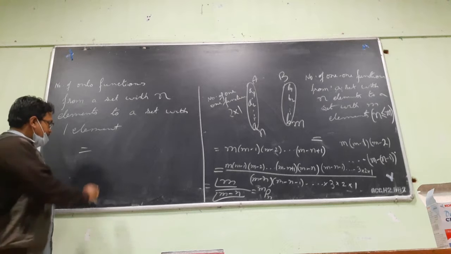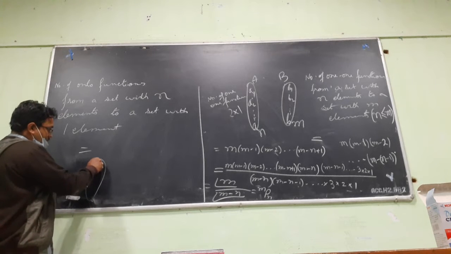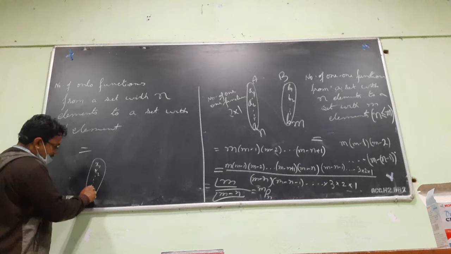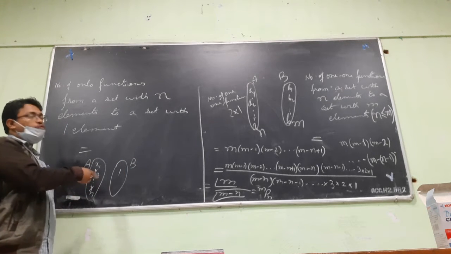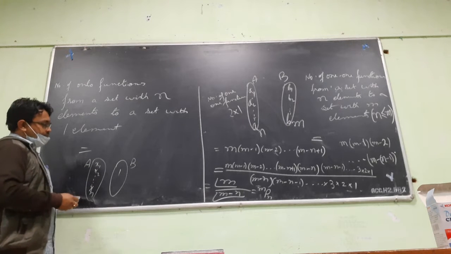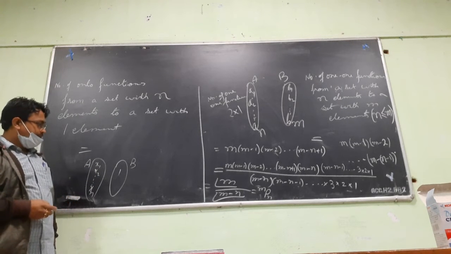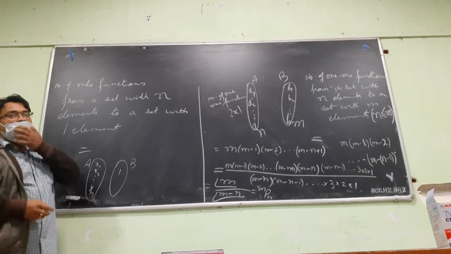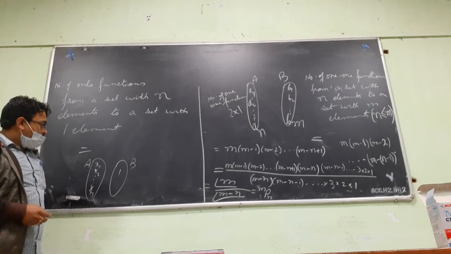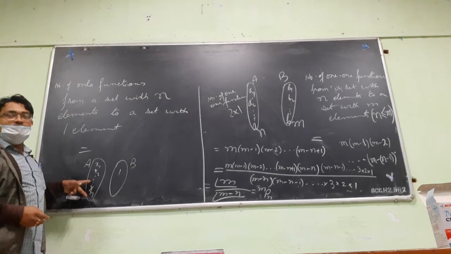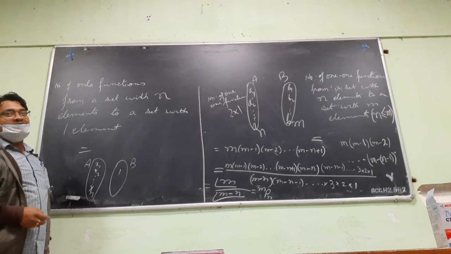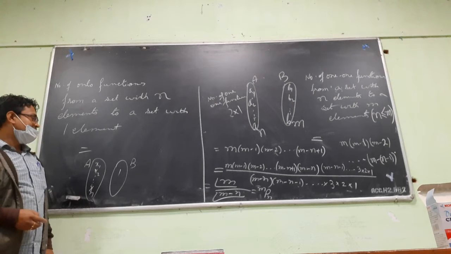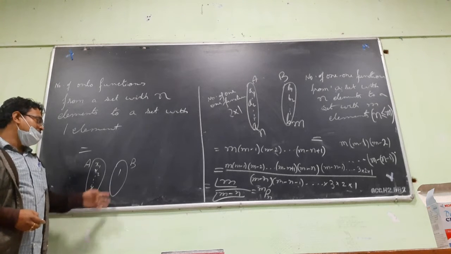If a set has n elements, x1, x2 up to xn, and the second set has only one element, then how many onto functions can you construct? How many functions can you construct from a set with n elements to a set with one element? Total number of functions. What is that? Last day this was obvious.